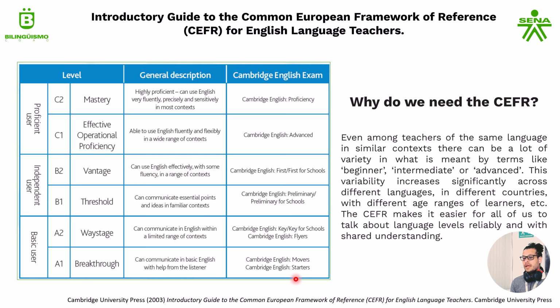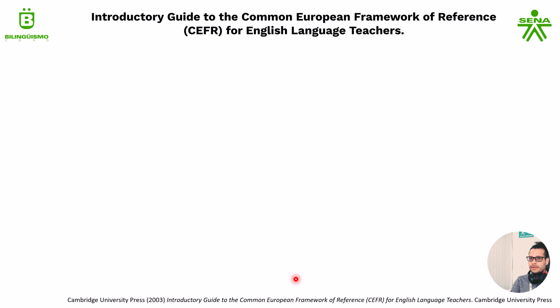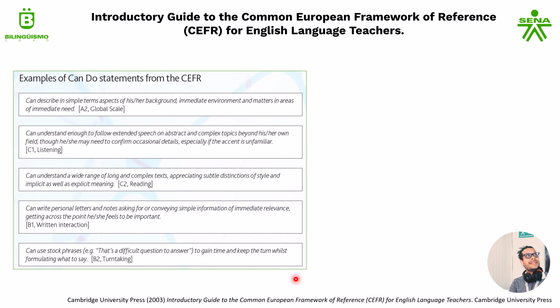So that is why here at SENA some leaders created the SENA English test, which I am really, really grateful for, because they did that, and finally we can use a test for our context.